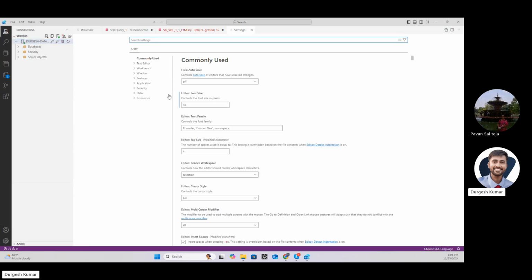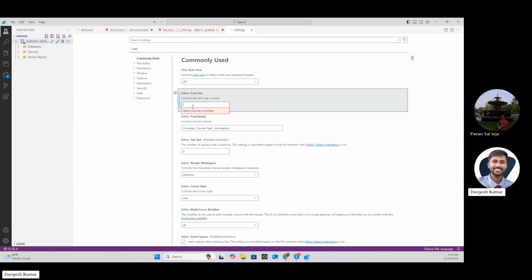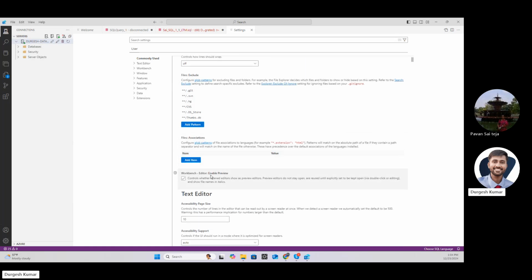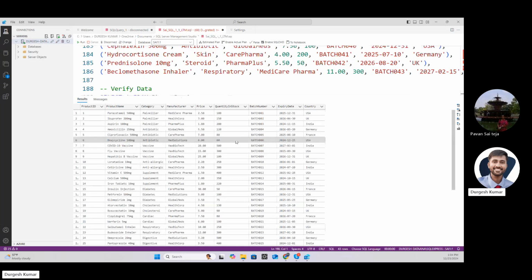I remember there is a setting option. Is it visible now?